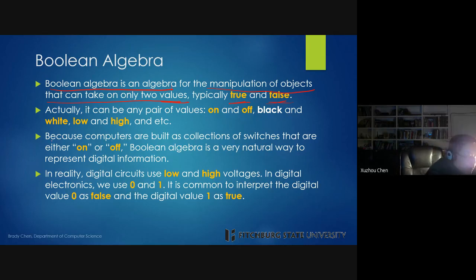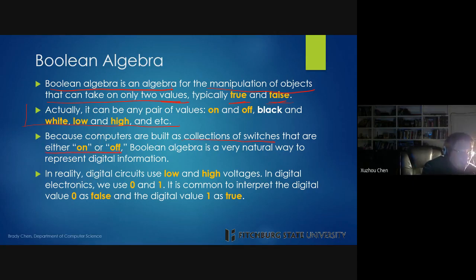The reason we put this in abstraction is that I try to make you forget about where Boolean logic comes from. We just think about the computer now. Computers are built as a collection of switches that are either on or off.